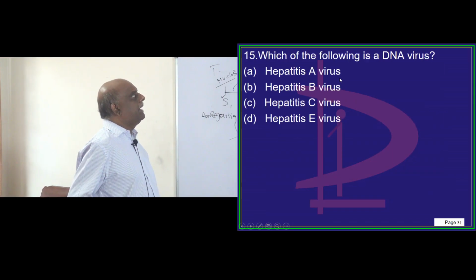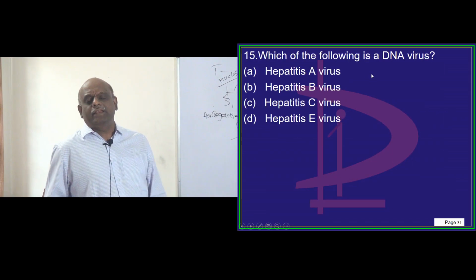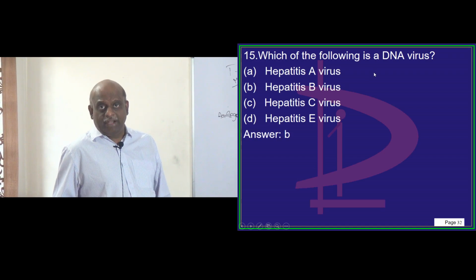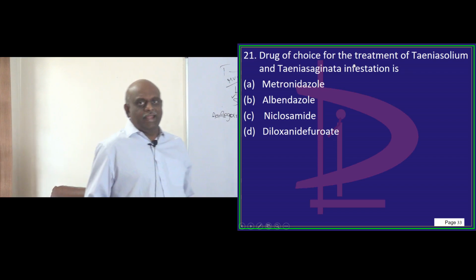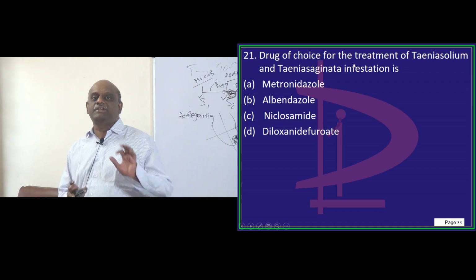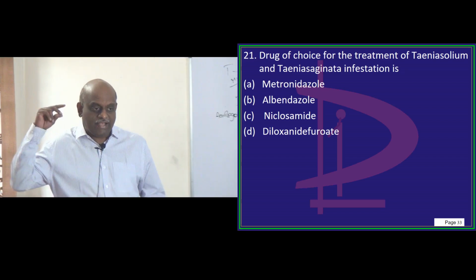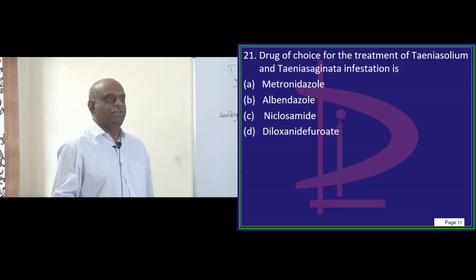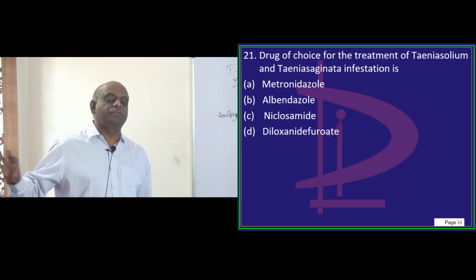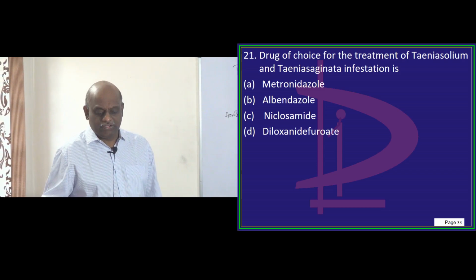Which is a DNA virus? Easy question. Hepatitis B, as all of you know. Taenia solium, Taenia saginata infestation. इसका सही आंसर दे दो. I am very sure you are going to crack 10 out of 10 in microbiology.